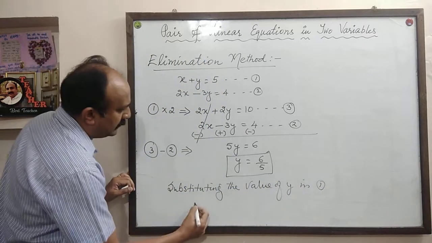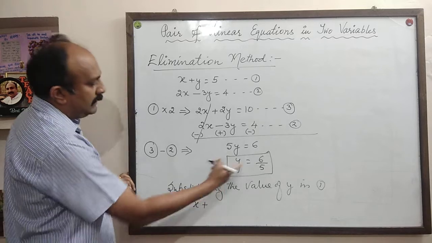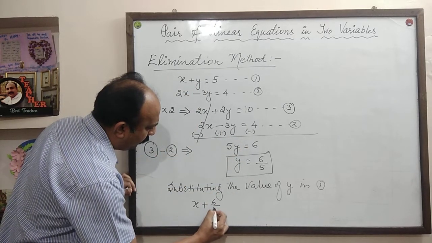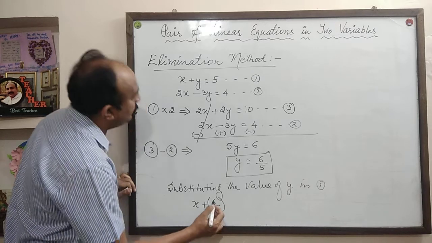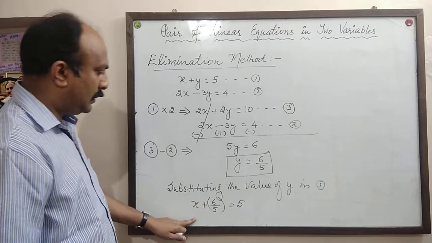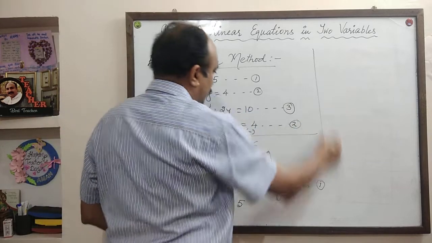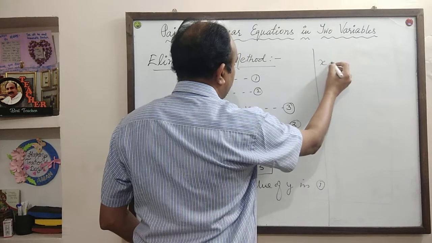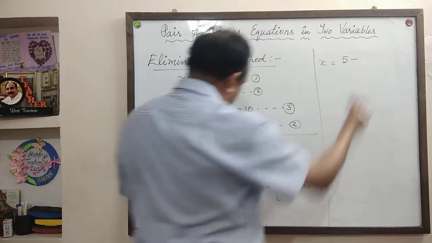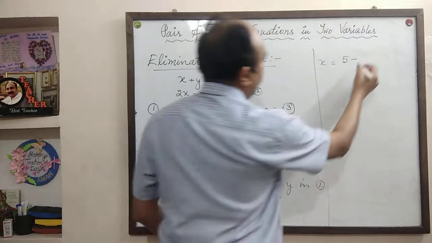Go and substitute x plus, in place of y we will put 6 upon 5, is equal to 5, or x is equal to 5 minus 6 upon 5.